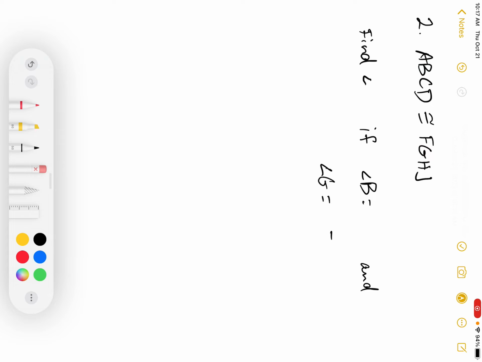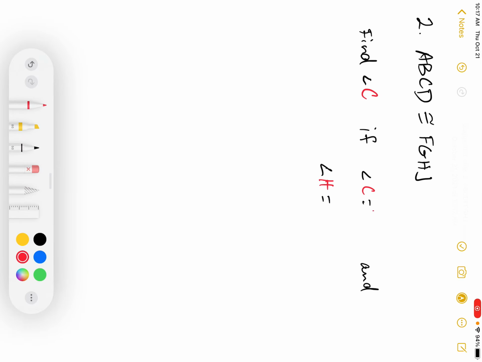So this time we're dealing with angle C, and it tells us what angle C and H are. It says that angle C is 5z plus 20, and angle H is 6z plus 10.